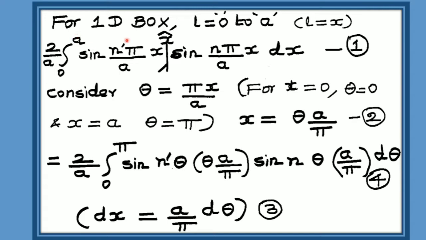அதாவது for one dimensional box-க்கு the length of the box வந்து 0 to a. Length L equal to x ன்னு வச்சுக்கணும். Length of the box is variable, அதனால x ன்னு வச்சுக்கணும்.